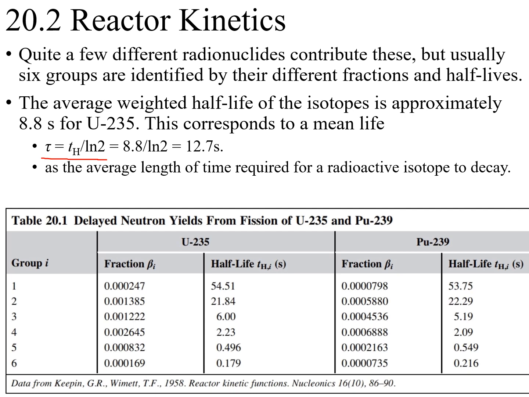The 6 groups and their fractions are listed here, and their half-lives in seconds are also listed here. If we do a summation of all the beta i, the value is about 0.0065.